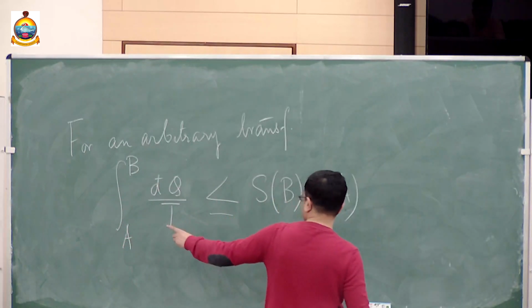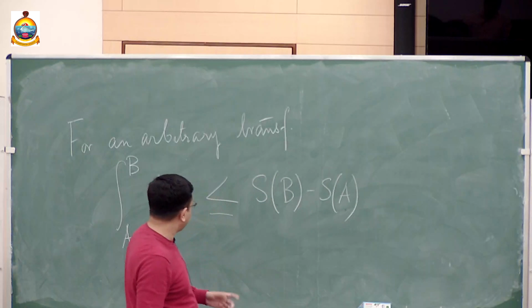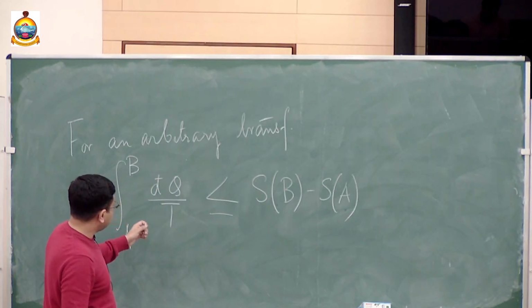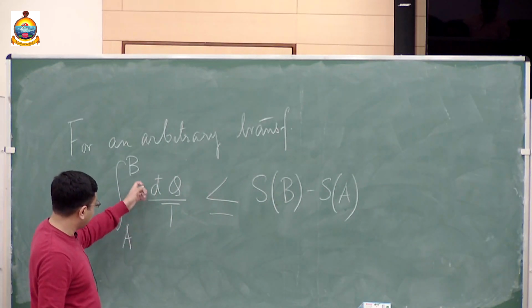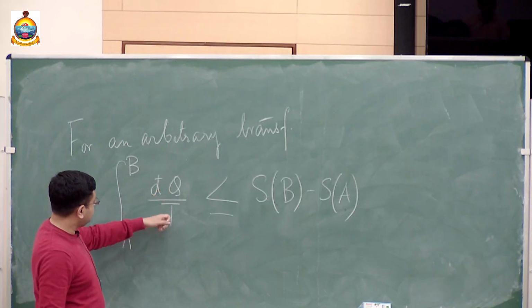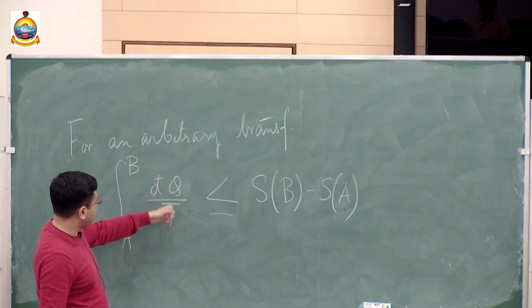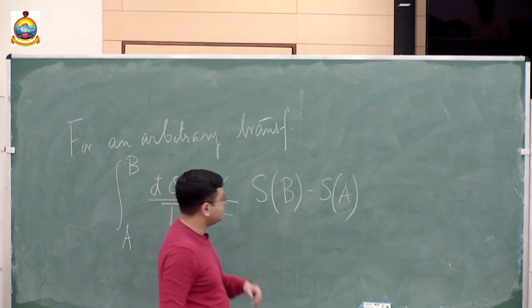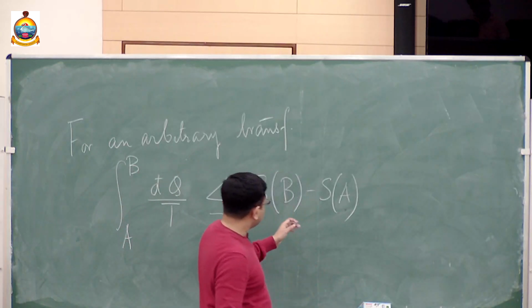But if the path is not reversible, for an arbitrary transformation, this integral from A to B of d cross q by T is less than or equal to S_B minus S_A.